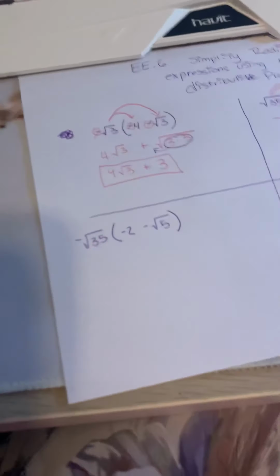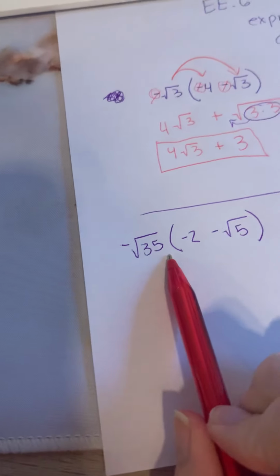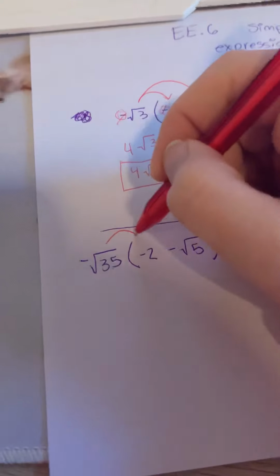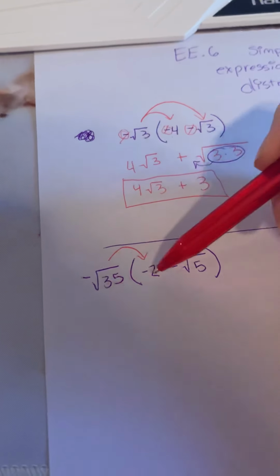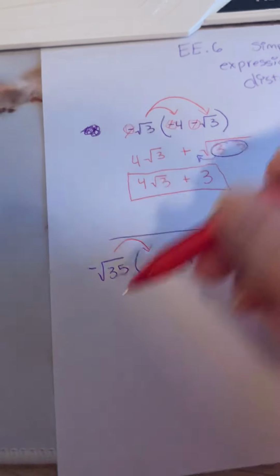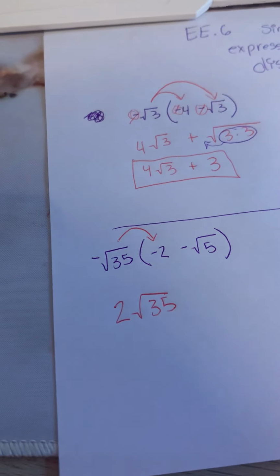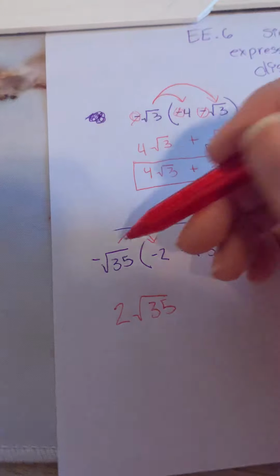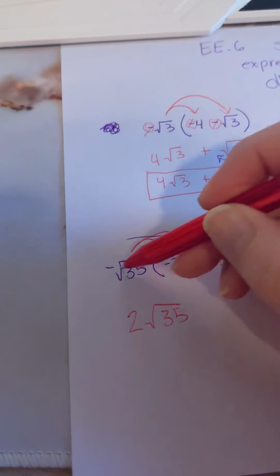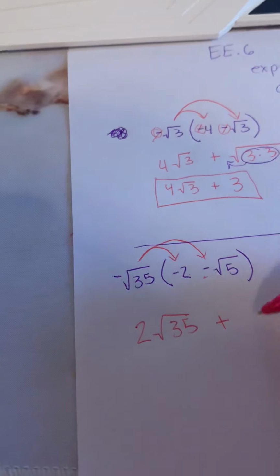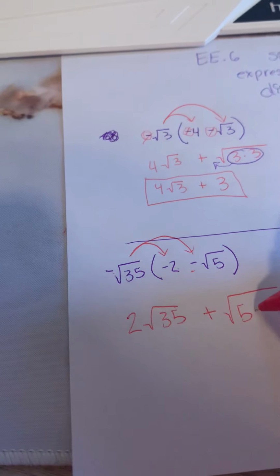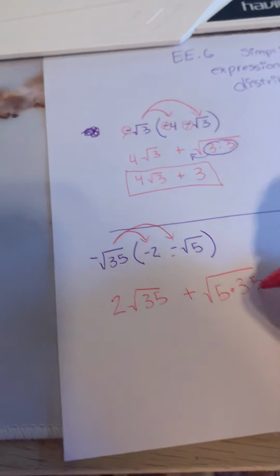there. All right. This one. So, going to distribute. Negative is positive. 2 on the outside, 35 on the inside. Next one, 2 negatives make a positive. 5 and 35 are both inside.